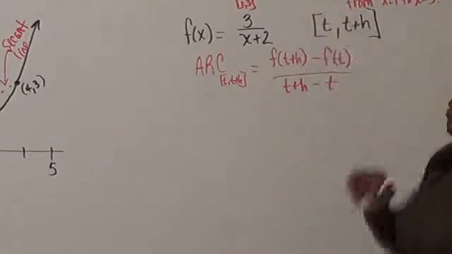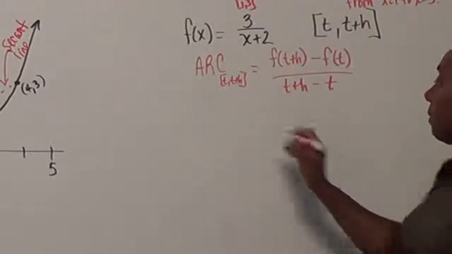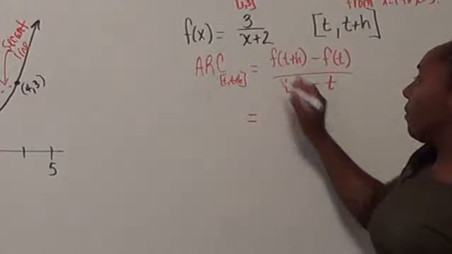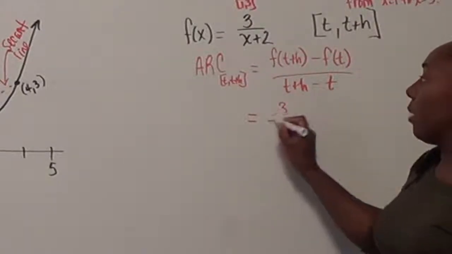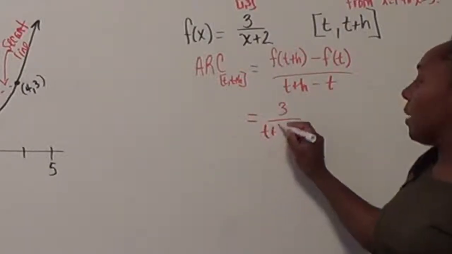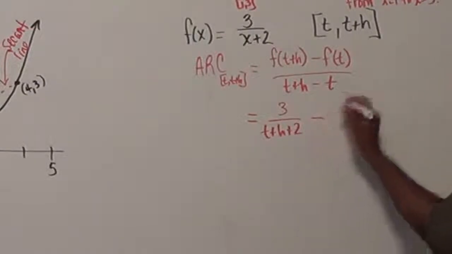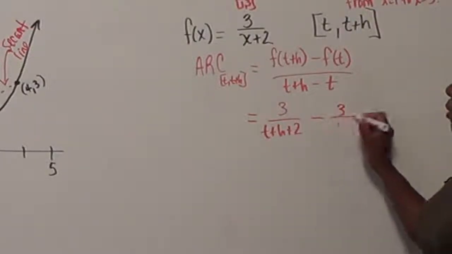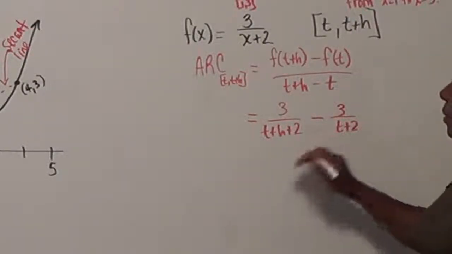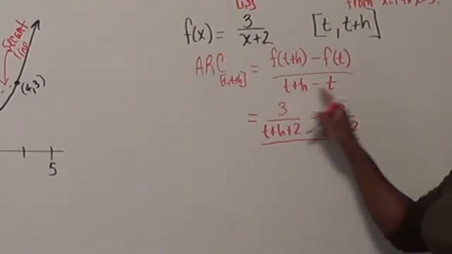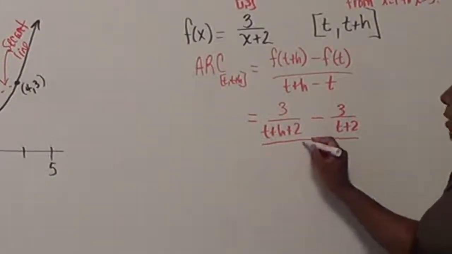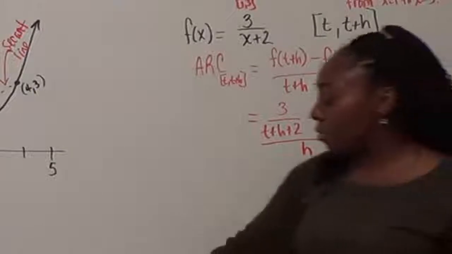Again, we'll evaluate just like we did before. So f of t plus h is going to look like 3 over t plus h plus 2 minus 3 over t plus 2. And this is all going to be divided by, well, when we subtract there, we're just going to get an h.